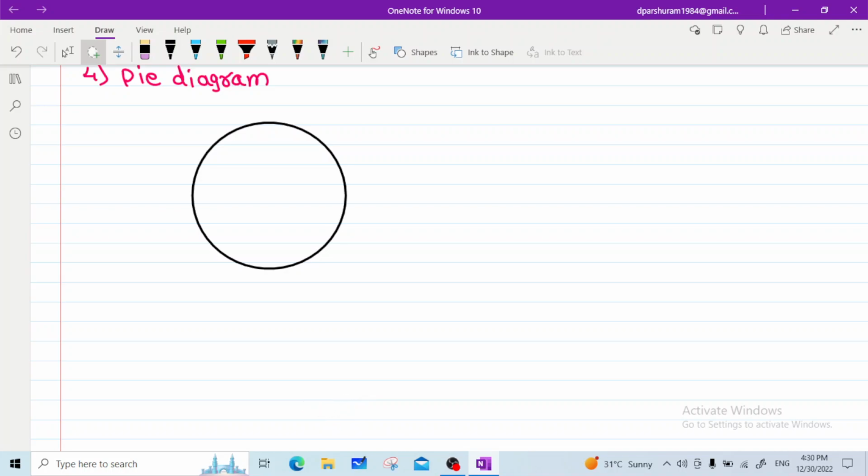So we have to represent this problem in a pie diagram. How is it represented? First we have to calculate all these rupees in percent value. How is this calculated? First we add this expenditure in rupees and calculate the total: 1200 plus 700 plus 800 plus 400 plus 900, the total is 4000. Now for food the expenditure is 1200.